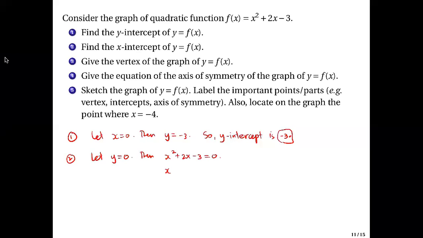We'll have x plus 3 times x minus 1 equal to 0, which means x plus 3 equals 0, or x minus 1 equals 0, or that we have x equals negative 3, or x equals 1. So the x-intercepts are negative 3 and positive 1.